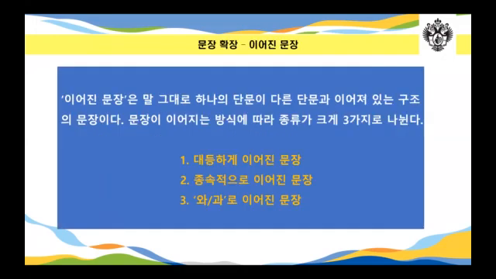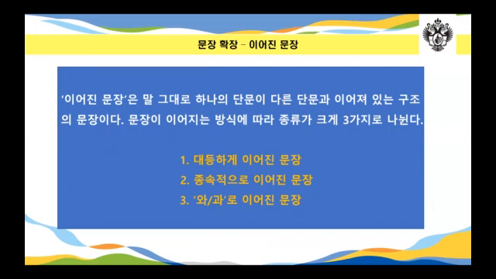Now we are talking about the terms with conjunctive sentences. 이어진 문장. Please see this slide. A conjunctive sentence is literally a sentence with a structure in which one short sentence is connected to another sentence. Also, the conjunctive sentences are divided into three types according to the following method.